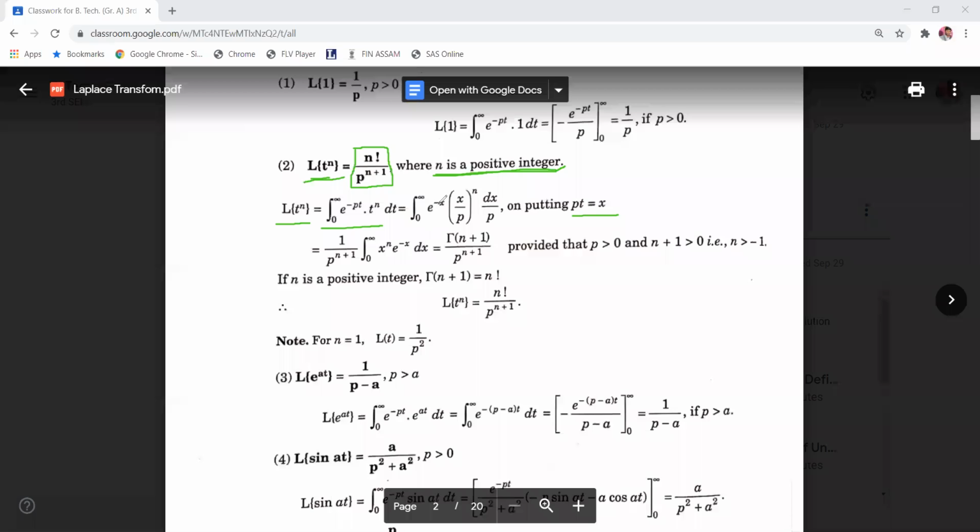So e to the power minus x. Now in place of t, what do we write? x by p.